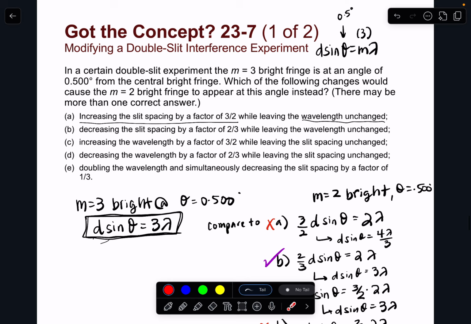Why did I write a 2 here? Because we're trying to get the m equals 2 bright fringe to be located at 0.5, right? So that's why there's a 2 for m here.